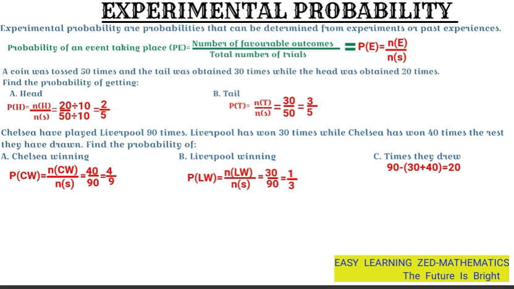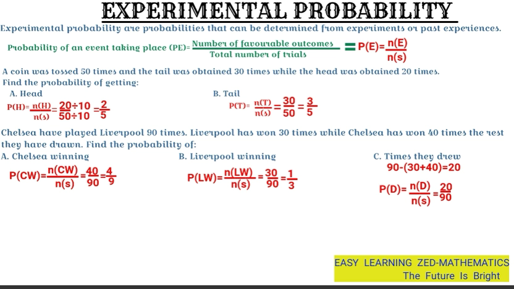So we're going to say the probability of draw is equal to the number of times they have drawn over the number of times they have played, which is 20 times over 90 times. So they have drawn 20 times from 90 games.